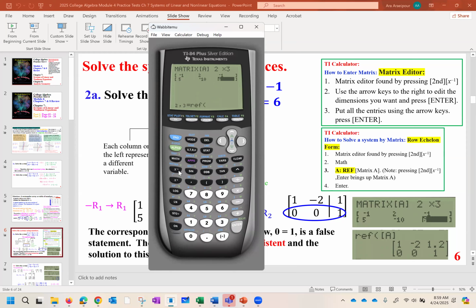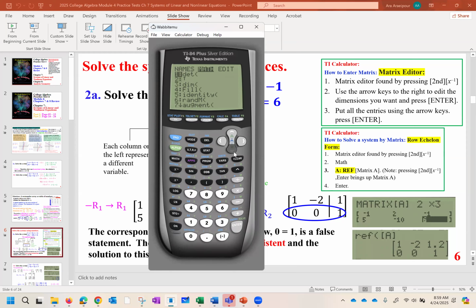Second, negative 1, Matrix A. Enter. One more time. Second, negative 1, Math.